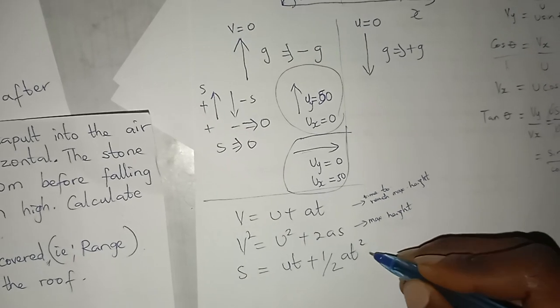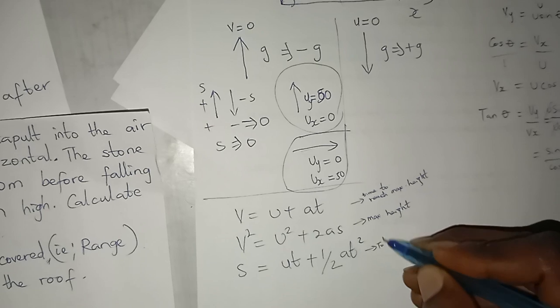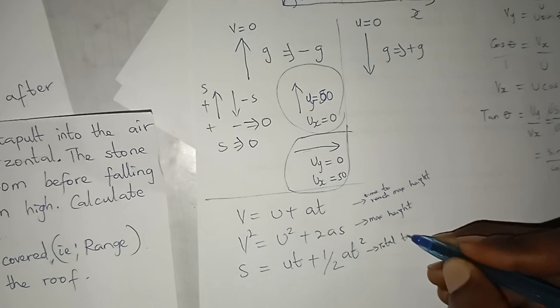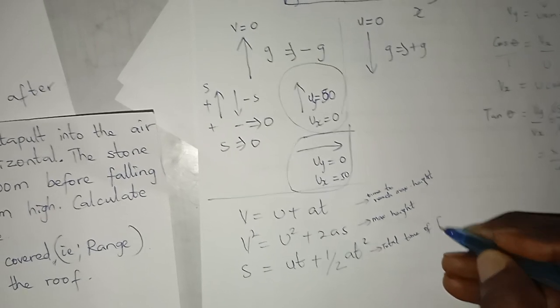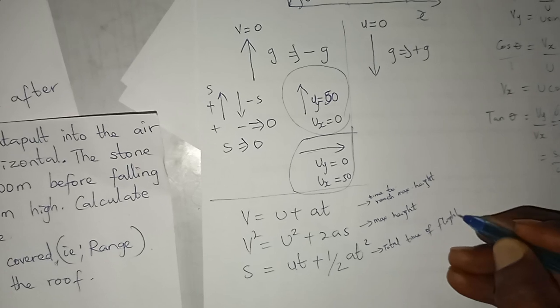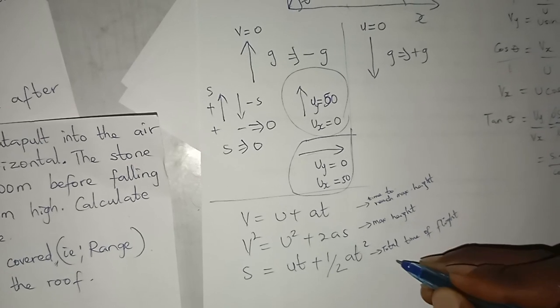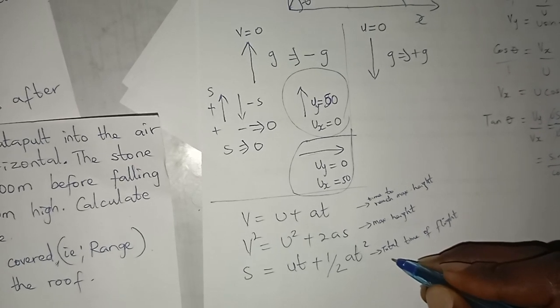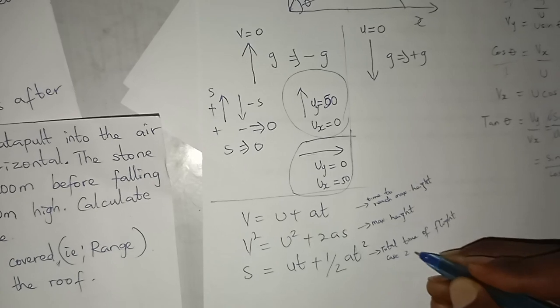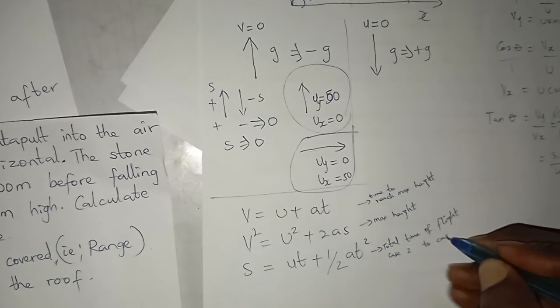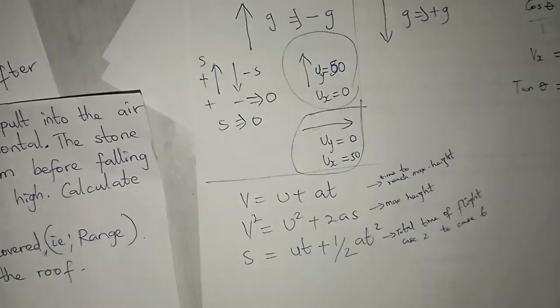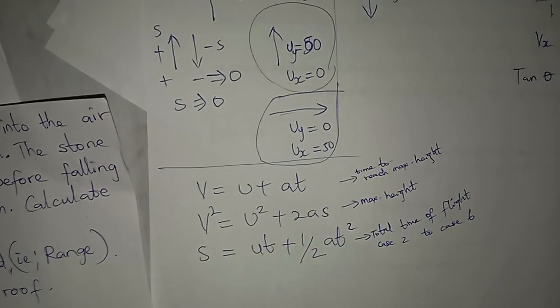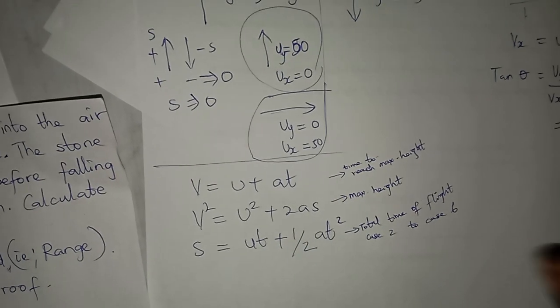And anytime you want to calculate total time of flight, and anything that has to do with projectile outside case 1, that is from case 2 to case 6, you use this one to derive everything you're deriving. Now let's see what I mean.